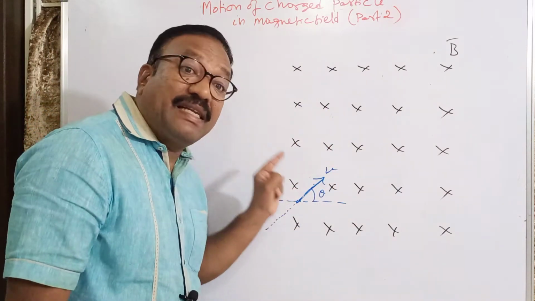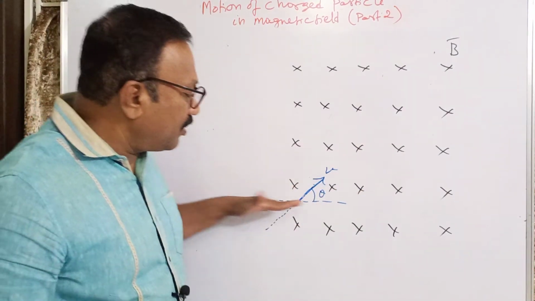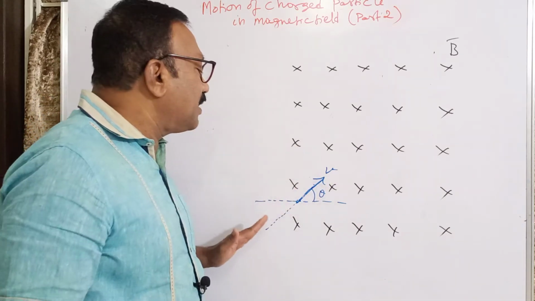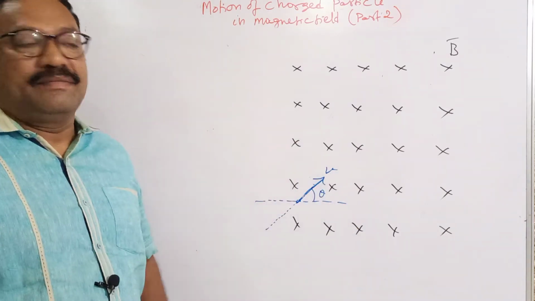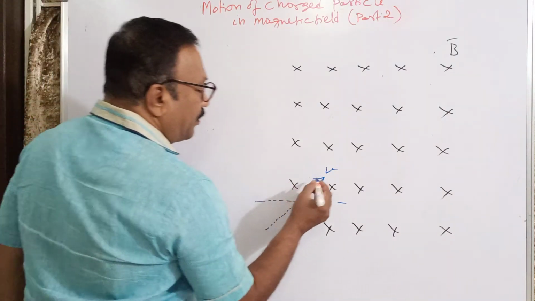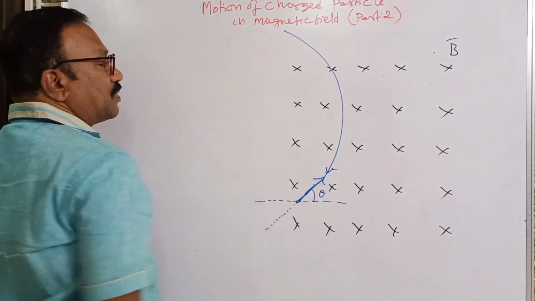But it is entering at an angle theta with respect to the horizontal line drawn on the plane of the board. That is the question. So what happens to this particle now? It will go like this and come out like this.